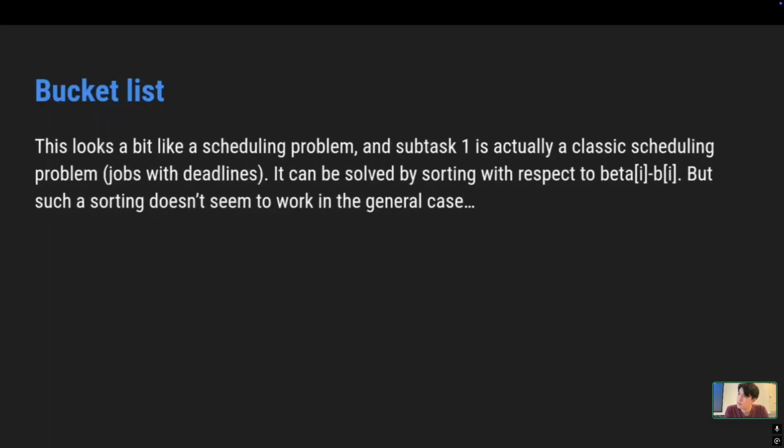And actually, subtask 1, when we only have one resource, reduces to just a classic scheduling problem. If you sort all the tasks with respect to, I forgot what it was, but I think beta minus b, it turns out to work. But in the general case, this doesn't really work.